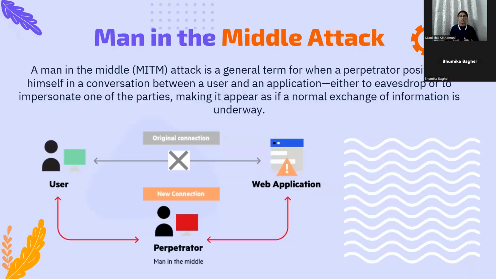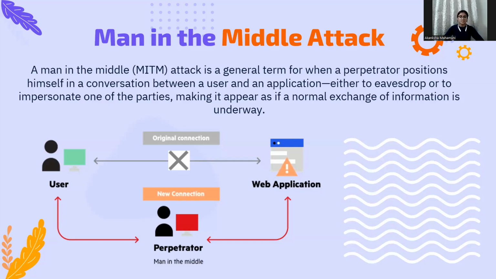Man in the middle attack. What is a man in the middle attack? If a user is trying to access a particular web application, or two different computers are communicating with one another and sending packets, an attacker tries to establish a new connection between them, and pretends to be the web application or the destination device to whom the source device is trying to send the message.